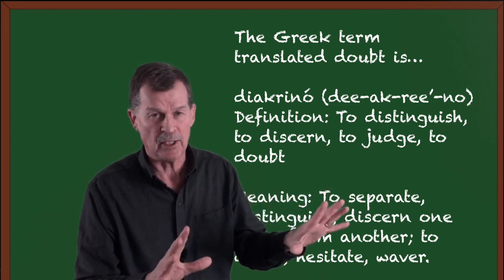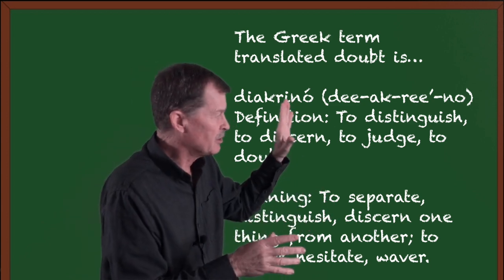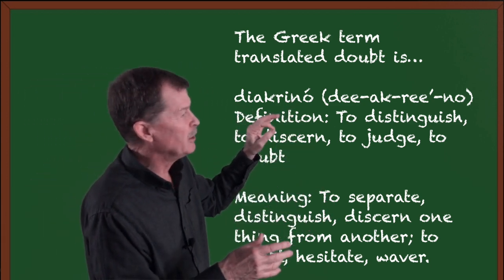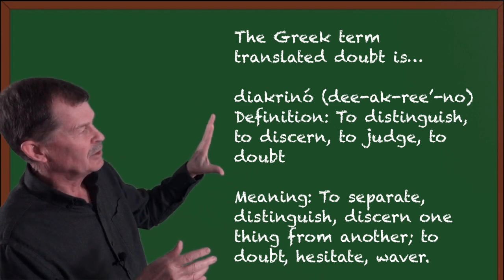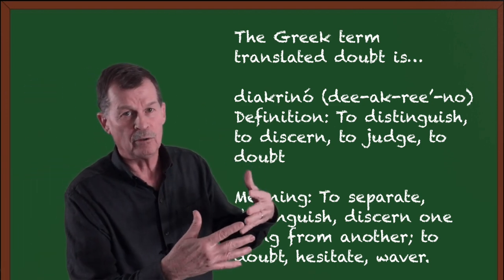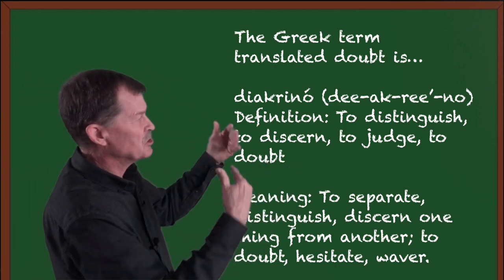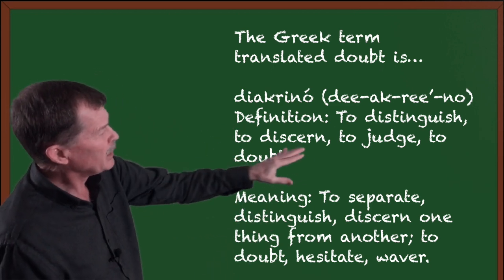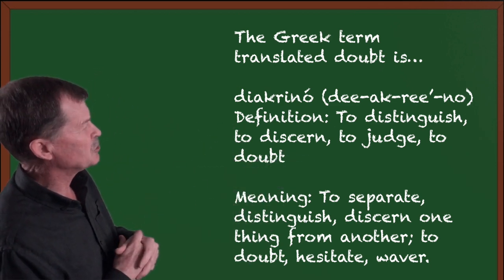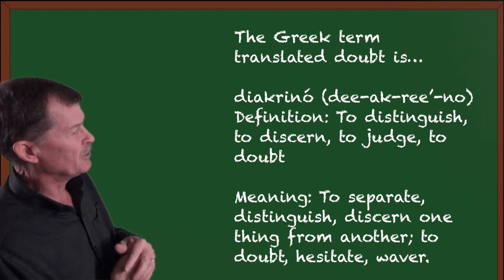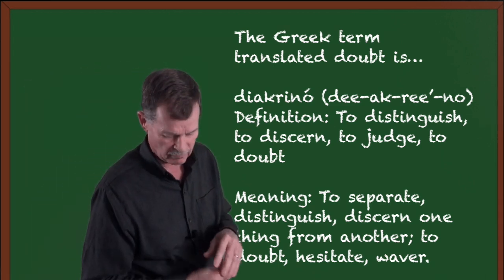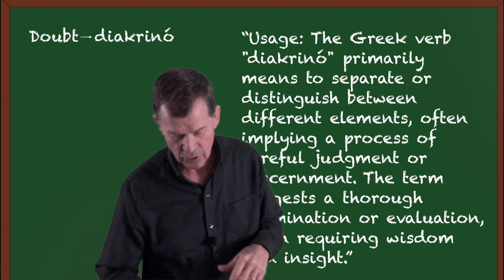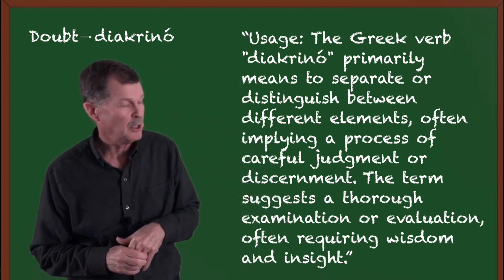You doubt something. But usually the term diakrino has 2 things or more in mind, and it is distinguishing between them. The meaning is to separate, distinguish, discern one thing from another, to doubt, hesitate, and waver. So that is the term, diakrino.